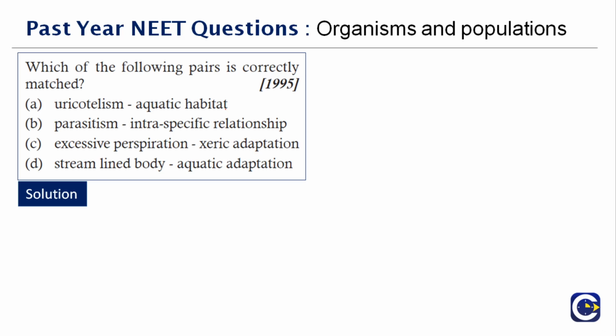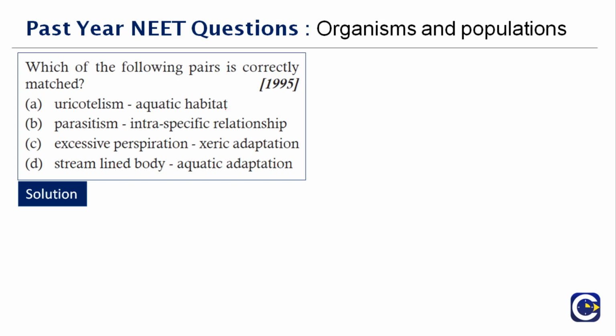What do you mean by eurycotylism? Do you think that is right? See, the correctly matched pair is actually option D, which is streamlined body, meant for aquatic adaptation. Parasitism is not an intraspecific relationship, because in parasitism one is benefited and the other is harmed.